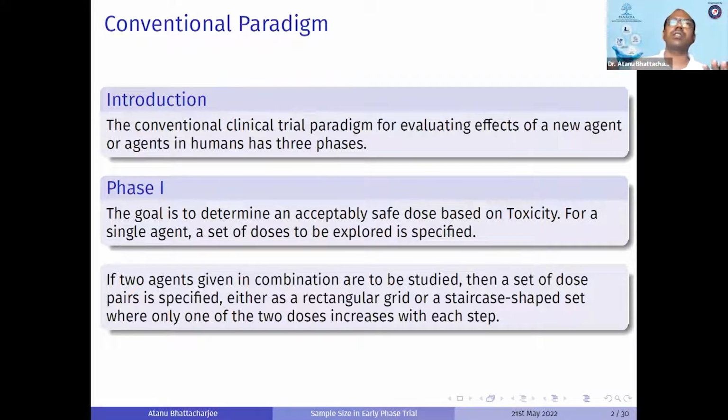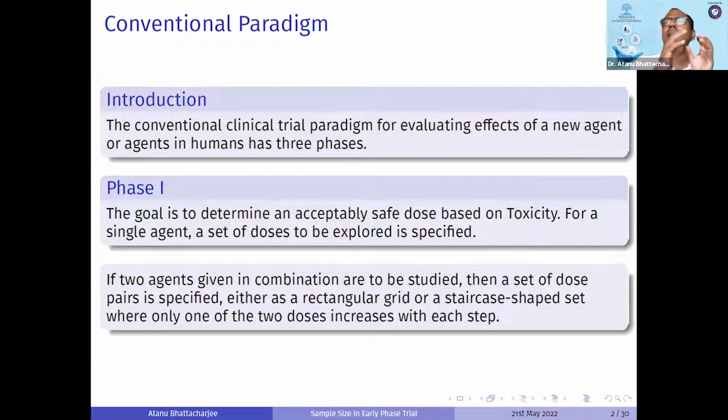We are not concerned about the efficacy. We know that since it's a new molecule, there must be some kind of efficacy over there, but we're not at all interested in looking at the efficacy. Here we are only concerned about the toxicity and how much toxicity can be tolerated by a patient. So that's the main concern.